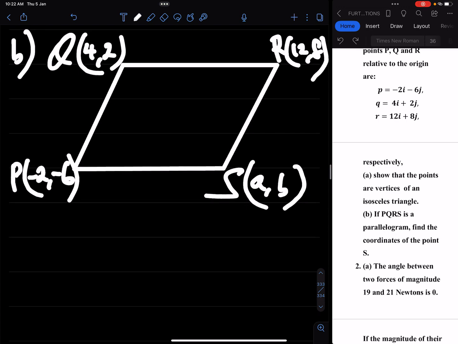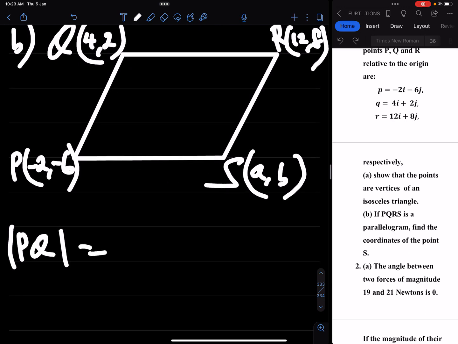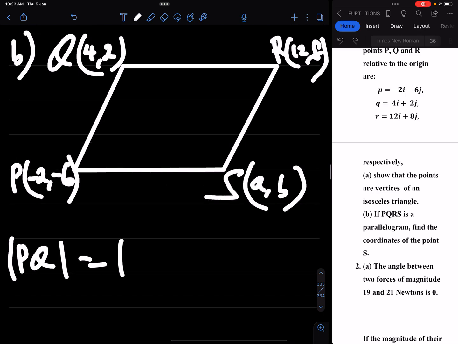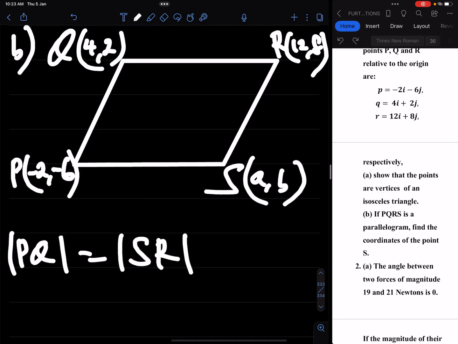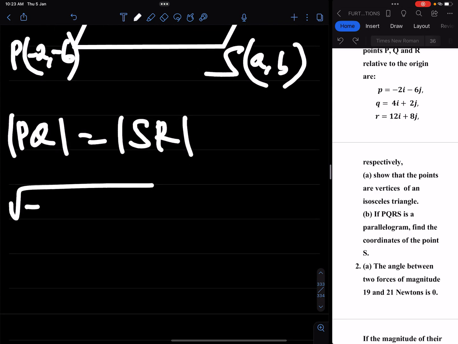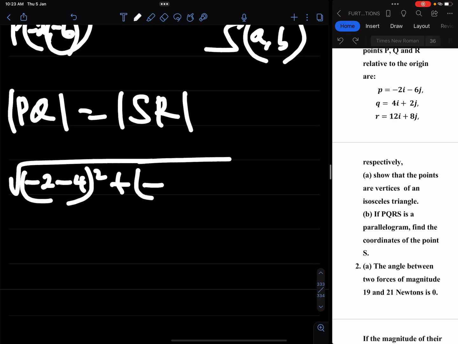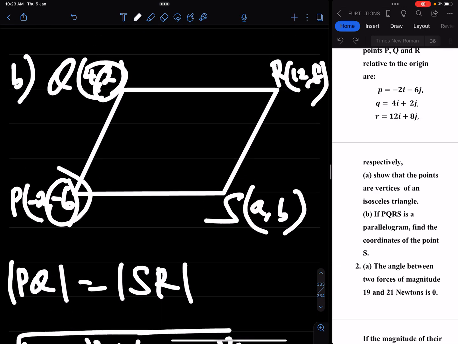So I know that length PQ is the same as length SR. That simply means the square root of minus 2 minus 4 squared plus minus 6 minus 2 squared equals length SR. How do I find length SR?